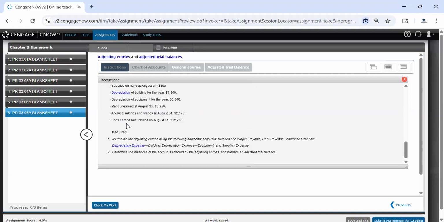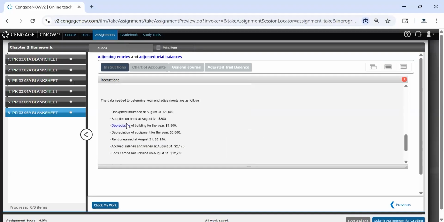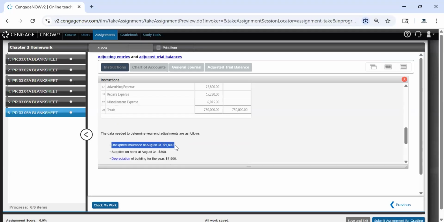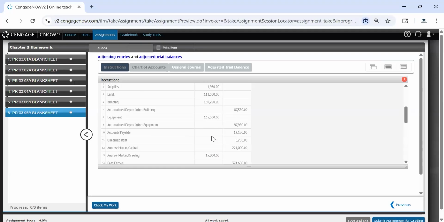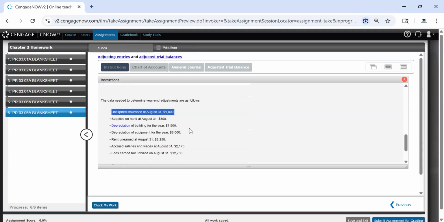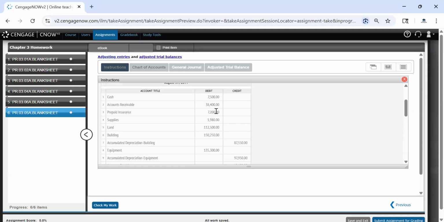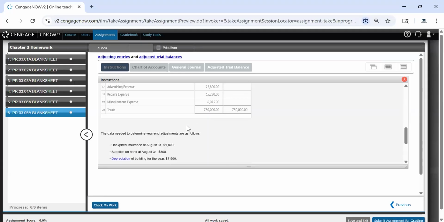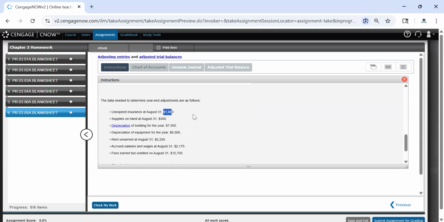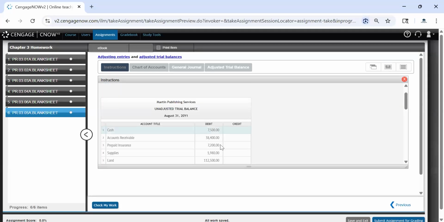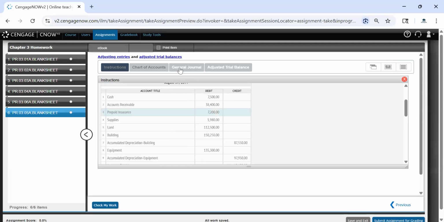Our first journal entry is unexpired insurance at August 31st, $1,800. Now this means our unexpired insurance should be $1,800. Let's take a look at what the prepaid insurance actually is: $7,200, which means we have to subtract the 1,800 from the 7,200 to know what we need to adjust our prepaid insurance by.